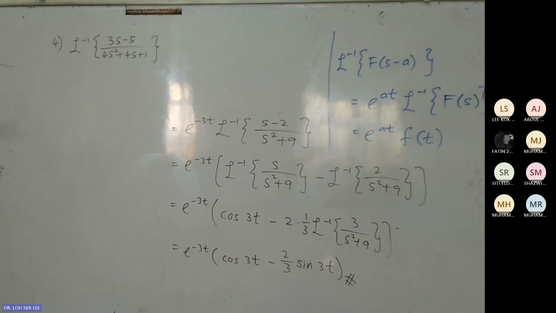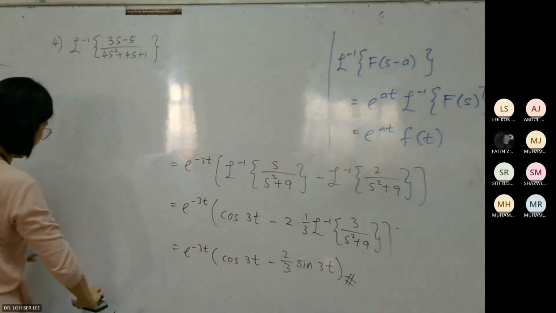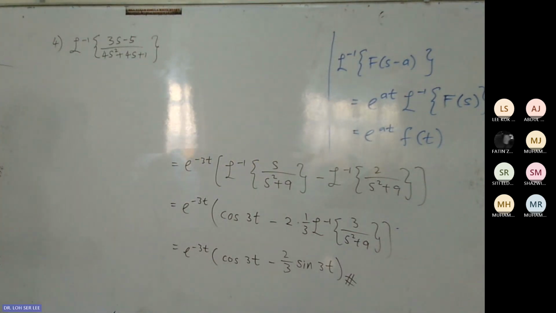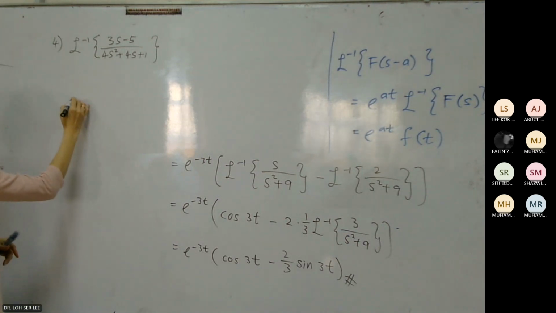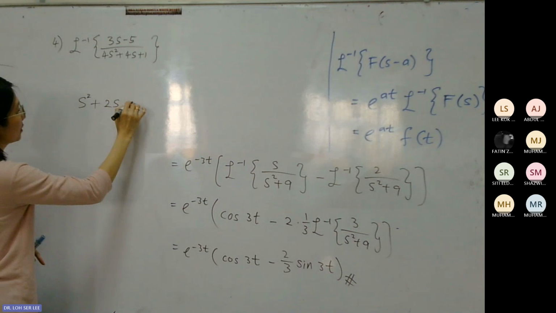The denominator function is a quadratic function. And we can't match this one with any of the formulas. So what we do, we complete the square. Have you heard about completing the square? For example, s squared plus 2s plus 1.